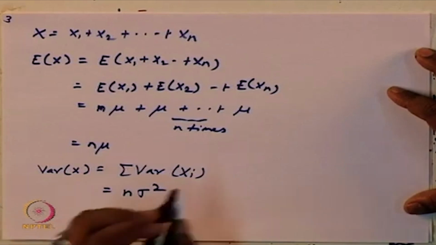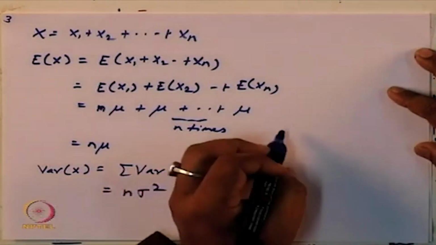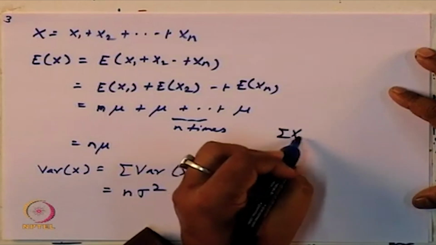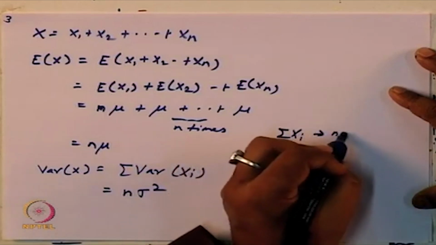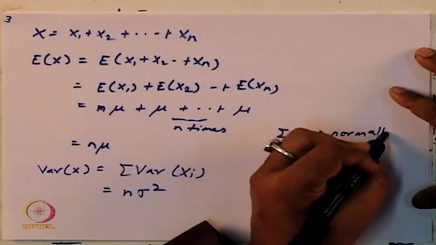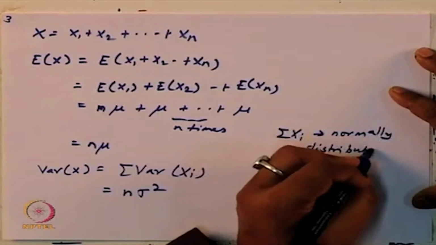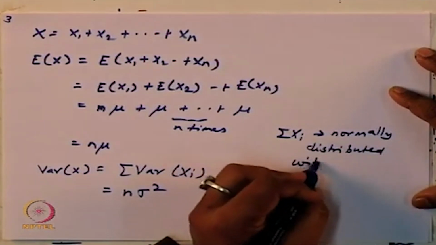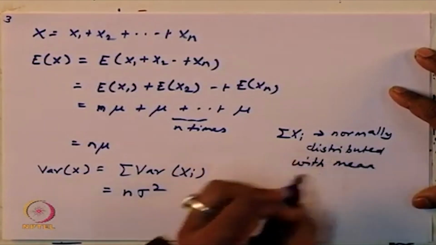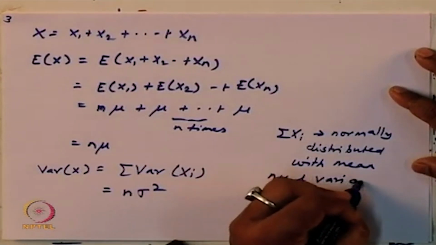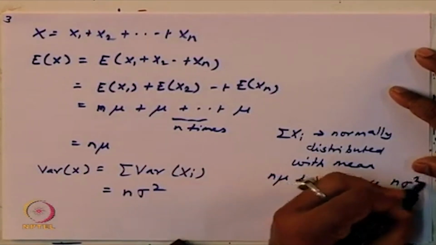In other words, I can say that summation xi is normally distributed with mean n mu and variance n sigma square.